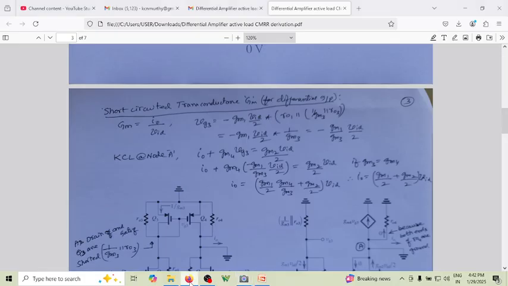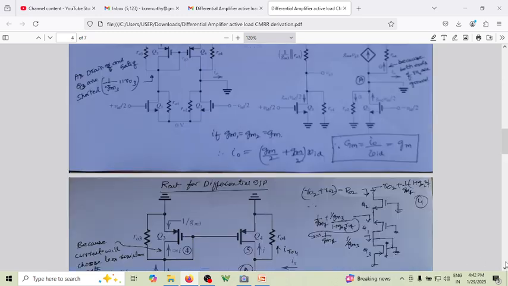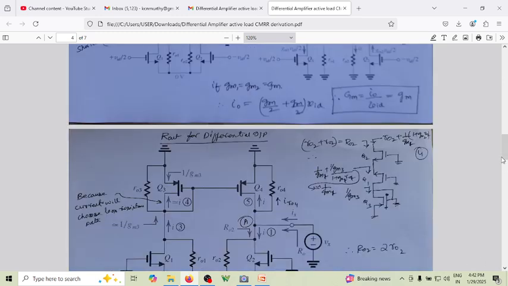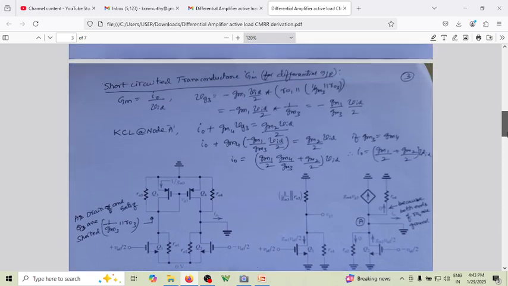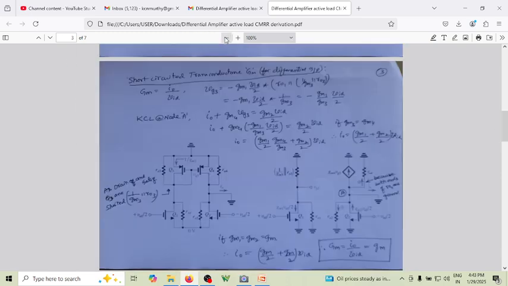Sorry, I had to write the current direction this way. This is your small signal model of the differential amplifier with active load.